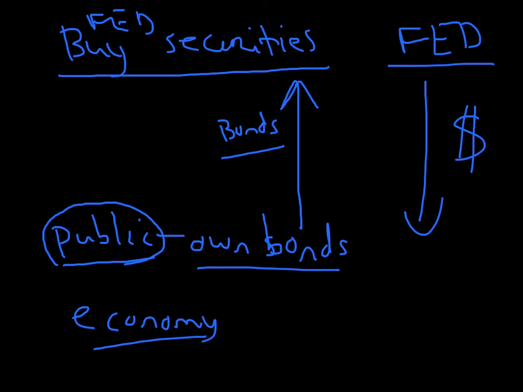Right now, more money is in the economy, since the person gave the bond to the Fed and the Fed had to give them money for it. So there's more money in the economy, and that is going to speed up the economy and hopefully have the recession end sooner than it otherwise would have, as dictated by Keynes. So that's a brief review of chapter 26.